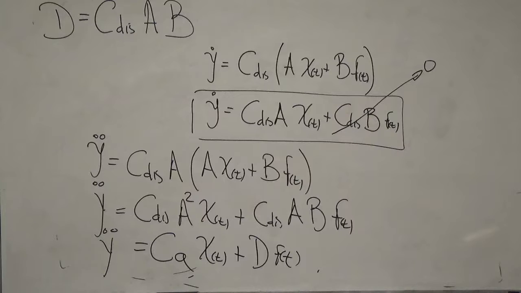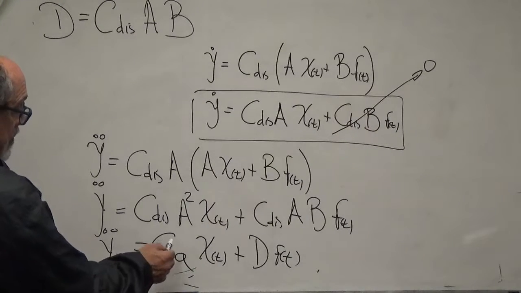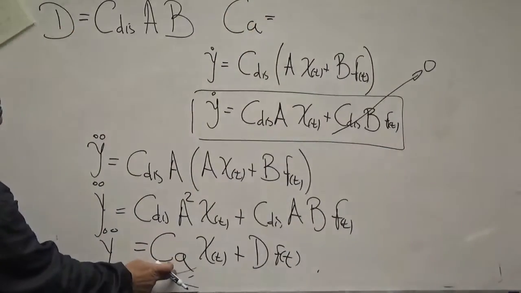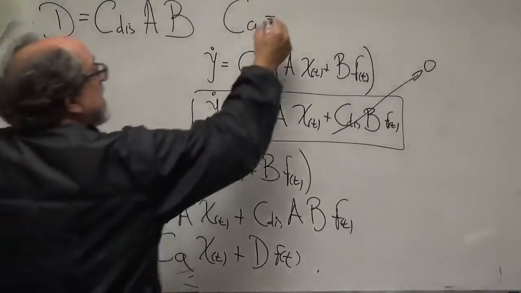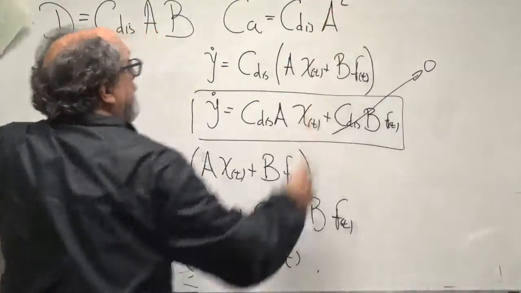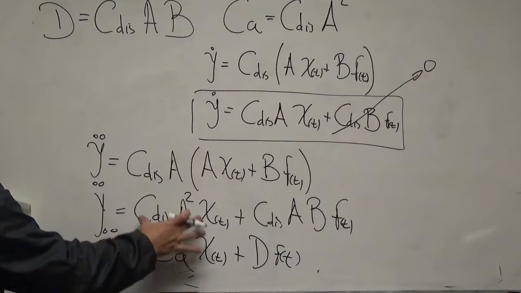Cool? But what else do you gather? You gather from here that C acceleration is C displacement times A squared, correct?